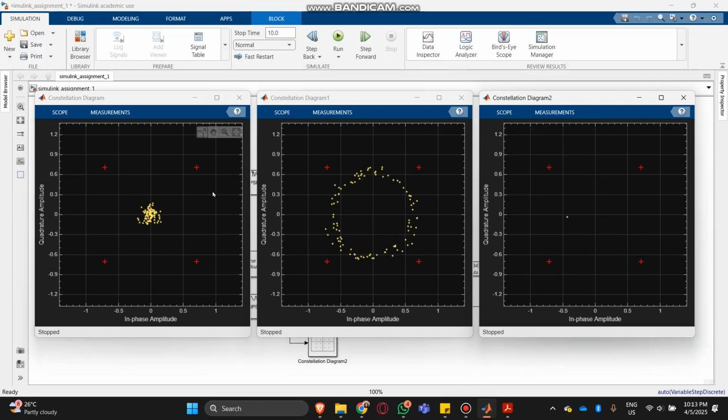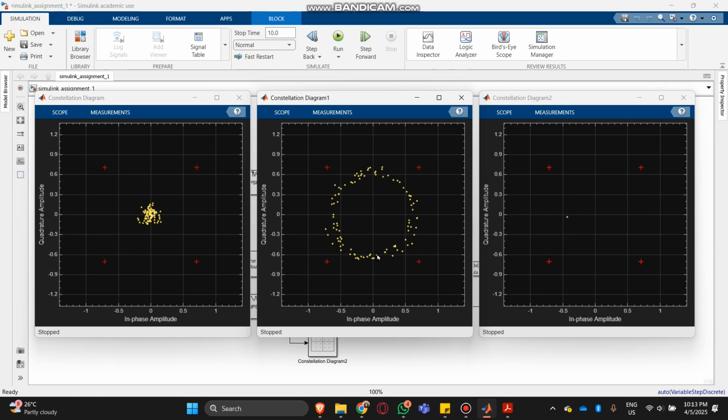All right, what happened here? Because of the lower dB, in the first constellation diagram, the filter is not active yet. After the signal goes through the first filter, the filter is working.